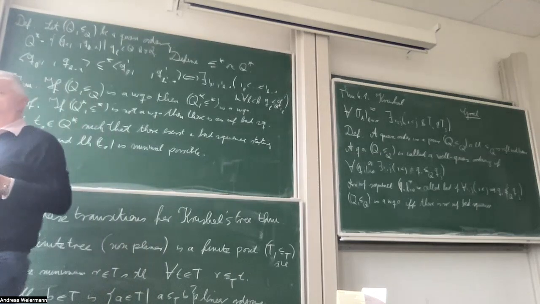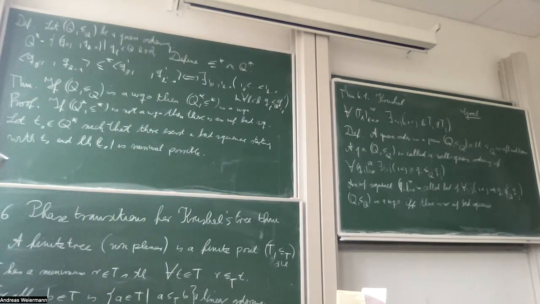Now we consider all bad sequences starting with t_0. Among all bad sequences starting with t_0, there will be one where the length of the second element is minimal.